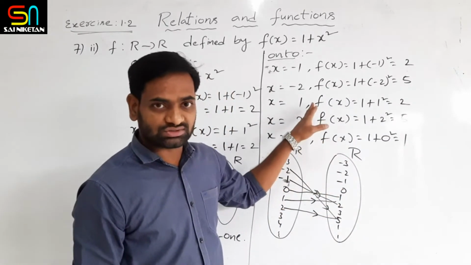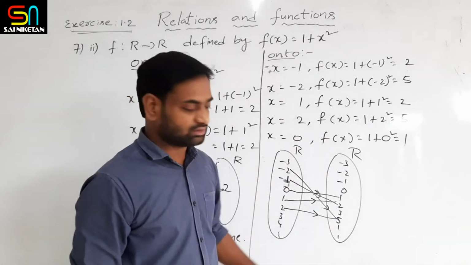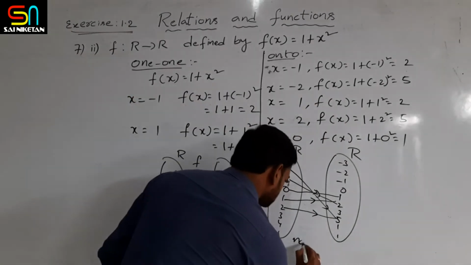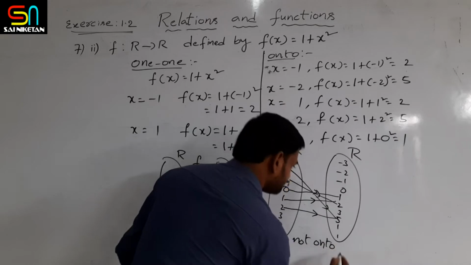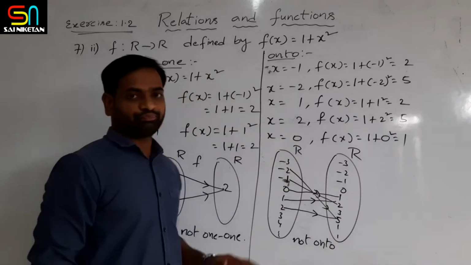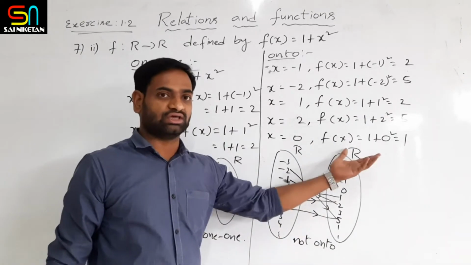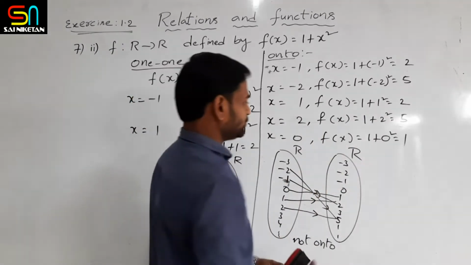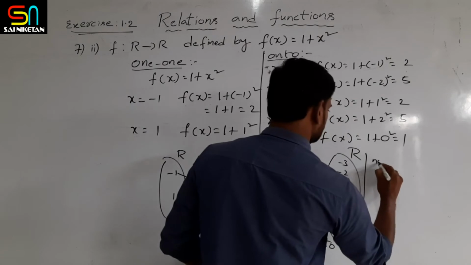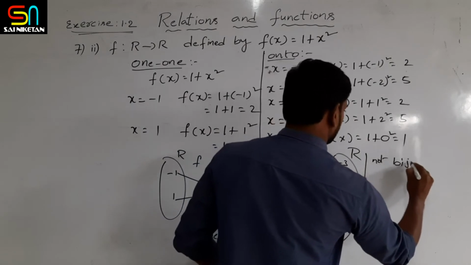For the negative values, there is no mapping. That's why it is not onto. So it is not one-one and not onto. So finally, you can say it is not bijective.